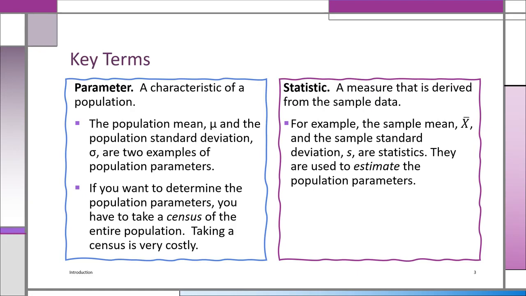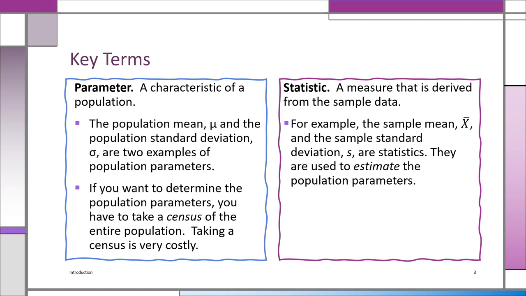So normally we work with statistics. In fact, that's the name of the course. We don't call the course parameters, we call it statistics, because that's what we usually work with. These are measurements that come from the sample. Any measurement that comes out of a sample, remember the sample is the lowercase n, not a capital N. So we're not going to look at mu if we're working with a sample.